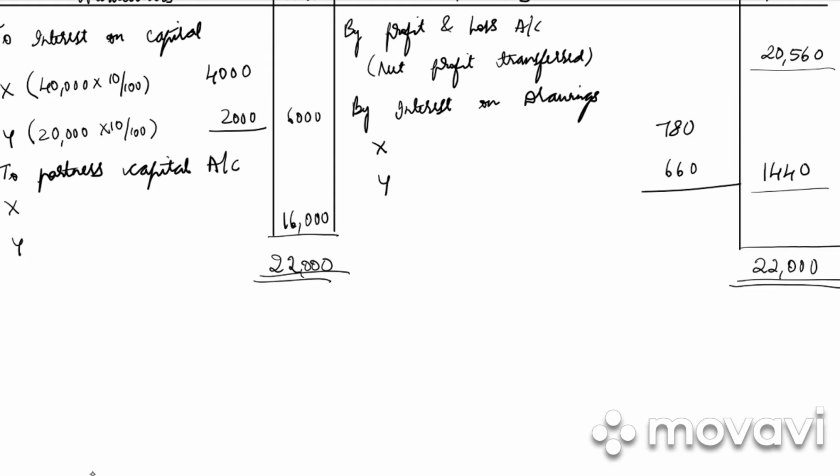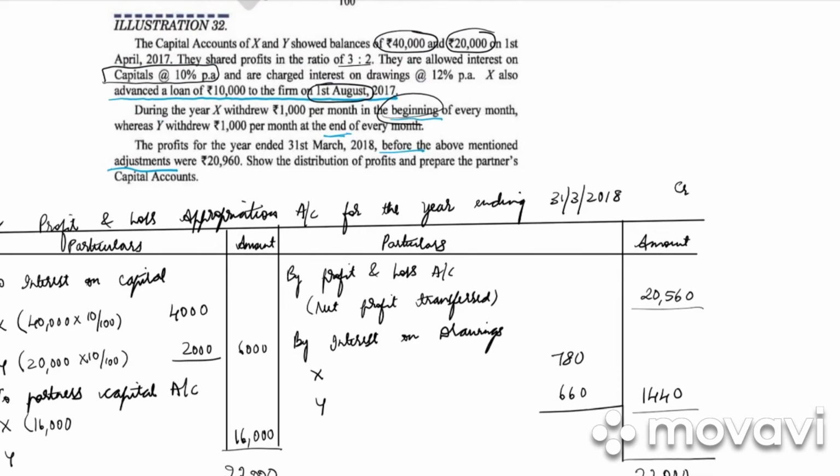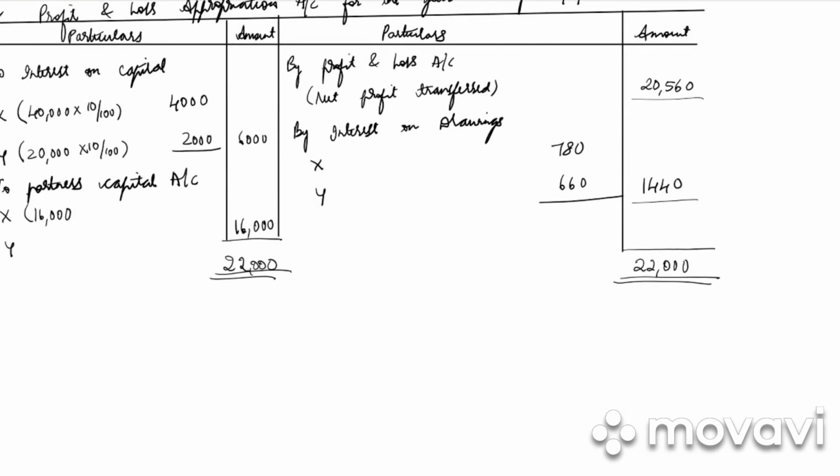So X and Y, what is the ratio? The profit sharing ratio they have given us is 3:2. So 16,000 into 3 by 5, that is 9,600. 16,000 into 2 by 5, that is 6,400. We get 16,000.